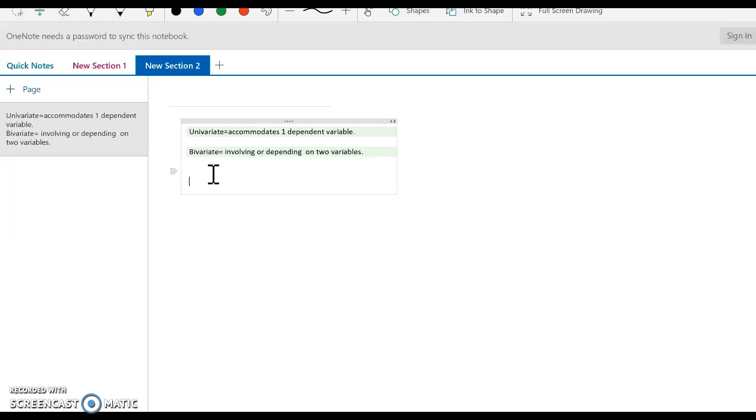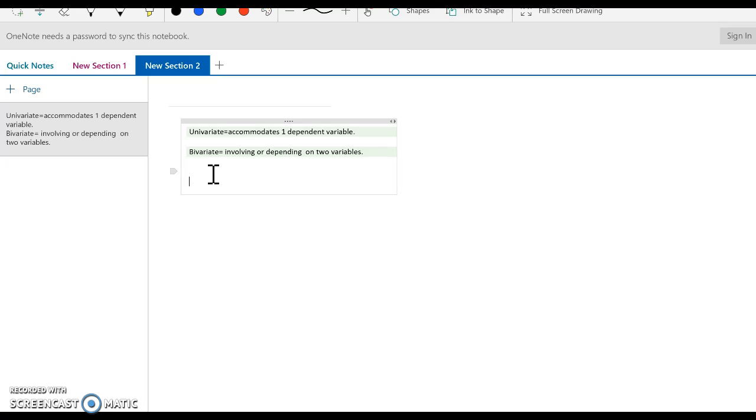While bivariate looks at the relationship between two variables. So it's an analysis of the two variables. And these can change and it can be compared to find the relationship. So if A influences B, it's most likely bivariate, okay? So in a sense, just kind of think there. Univariate, one dependent variable.